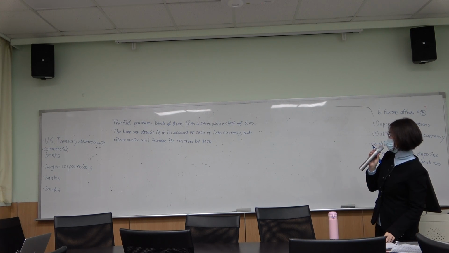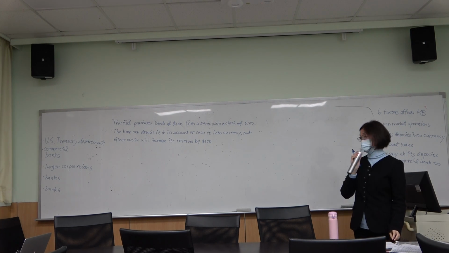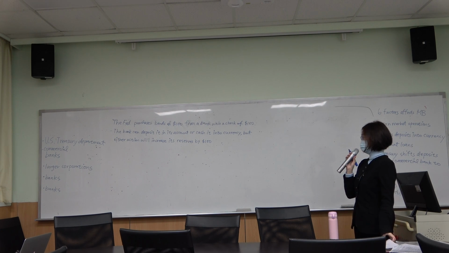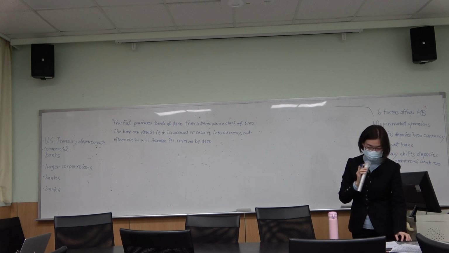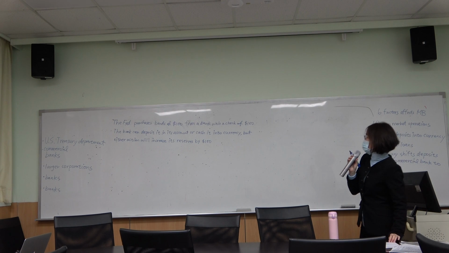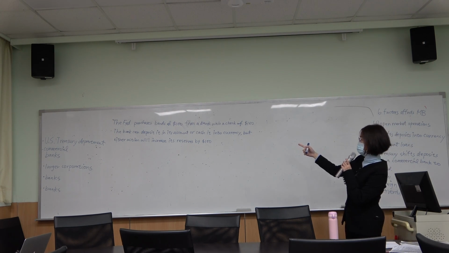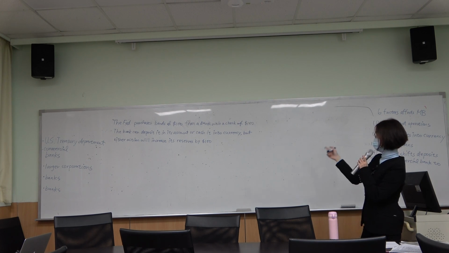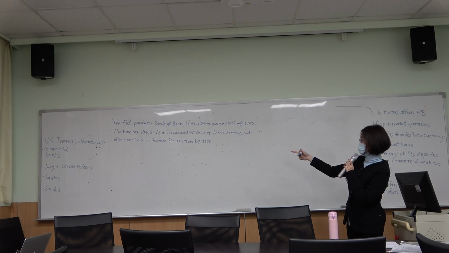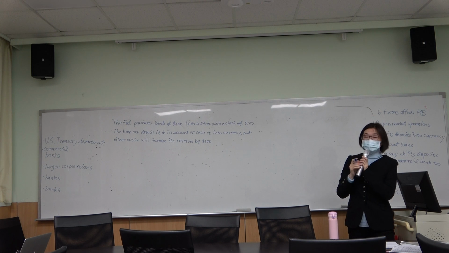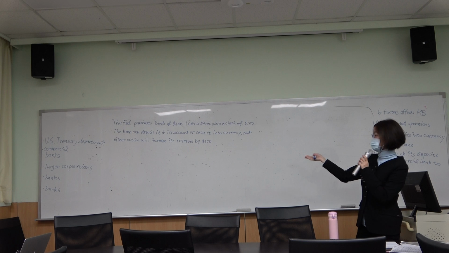Either action means that the bank will find itself with $100 more in its reserves. And meanwhile, because the Fed purchases $100 of bonds from the bank, the bank finds a reduction of $100 of the bonds.